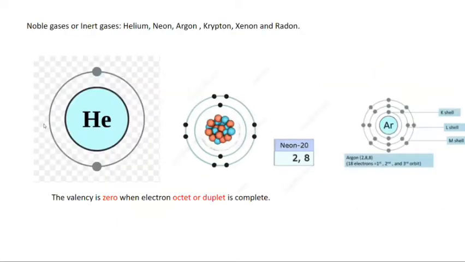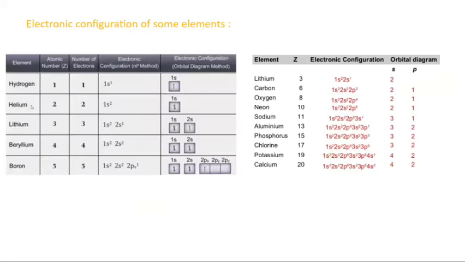Now for helium. The atomic number is 2. That means number of electrons are 2 and protons are 2.